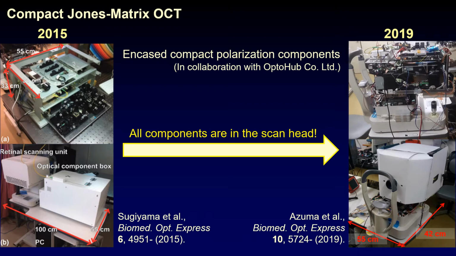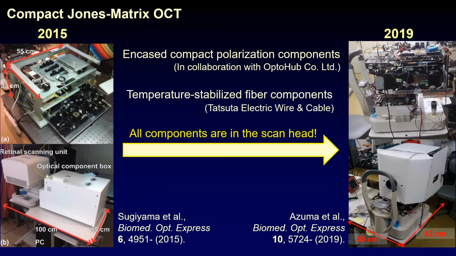So the footprint becomes as small as 55 cm times 42 cm. The second improvement is the introduction of temperature-stabilized fiber components. Owing to these improvements, we now achieved very good long-term stability of the device.